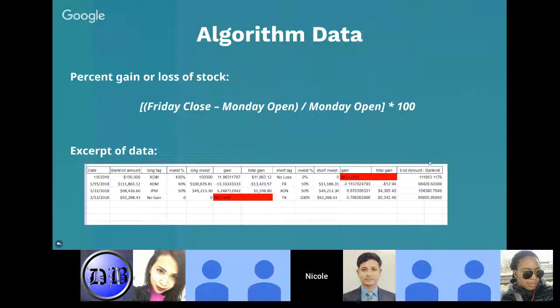As you can see, on week 115, let's say we have 9 companies that had gains and 1 that had loss. So we decided to invest 90% of our money into the highest gaining stock, and then 10% of the investors' money into the highest losing stock.